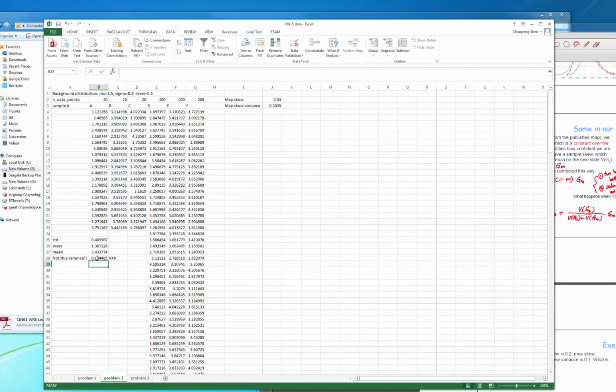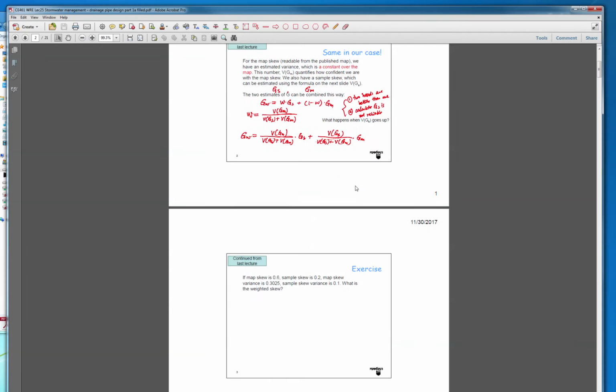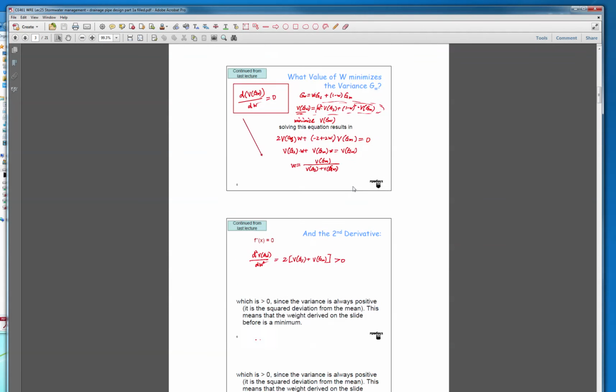This is not the variance of the sample skew. This is the variance of the sample. The variance of the sample skew is a measure of how accurate that skew estimate is from the sample. As a result, we are supposed to be using the formula that I introduced later.